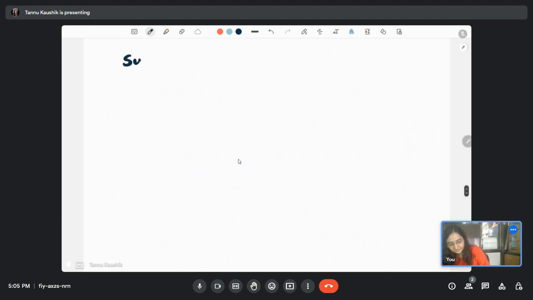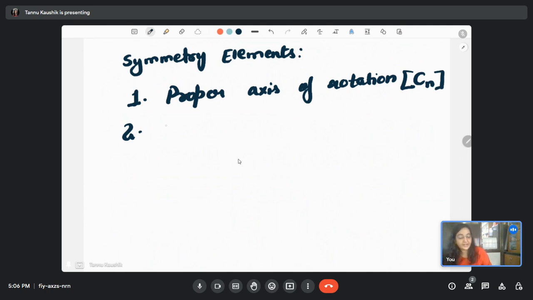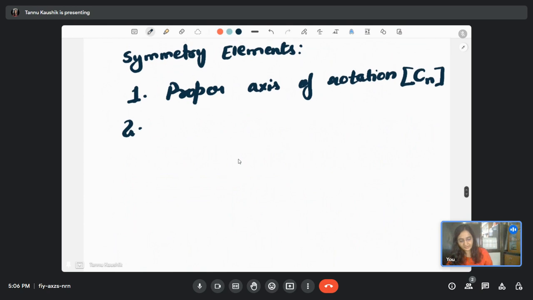The symmetry elements we will be discussing today are the proper axis of rotation, and we know each molecule always has an identity operation that is always present within a molecule.